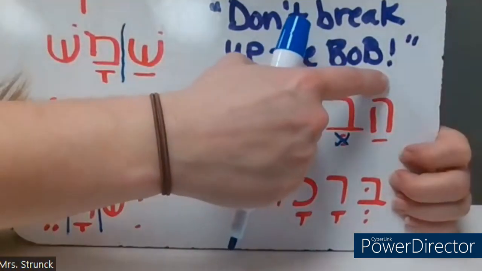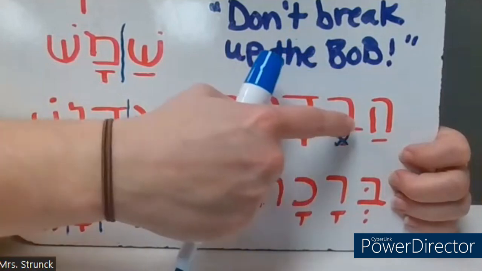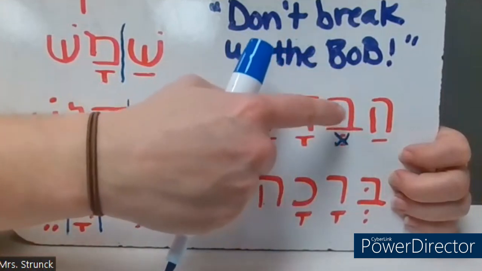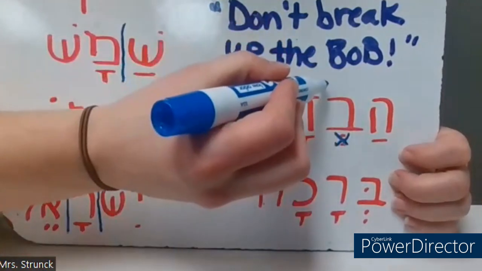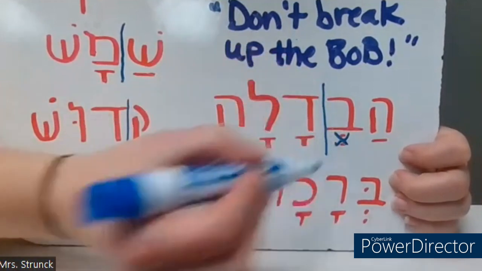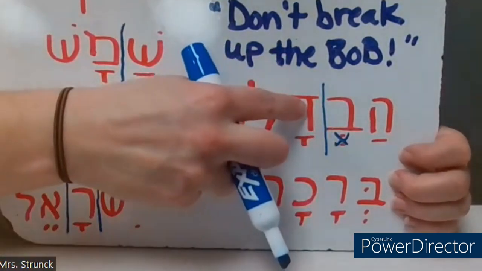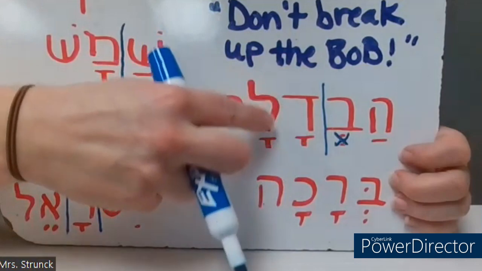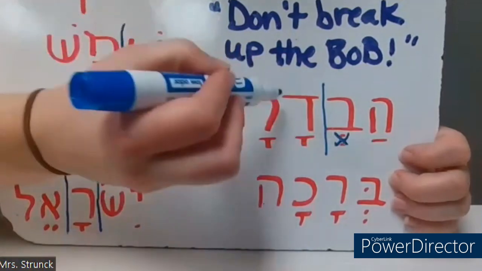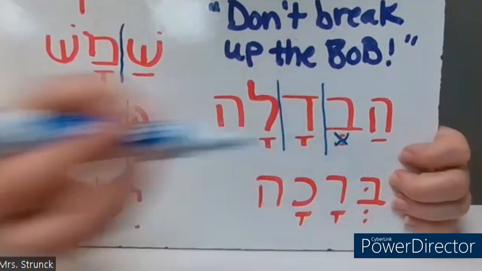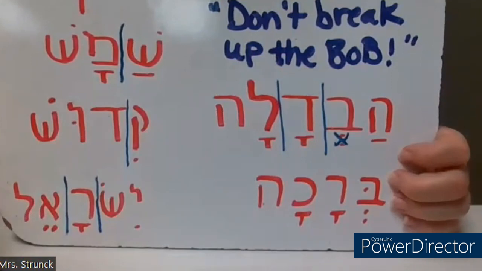So we have letter, vowel, letter. That's like Bob, right? Not going to break up the Bob, so I'll put my line after. Okay, then we have letter, vowel, letter, vowel. That's like mama, so I am going to draw a line in between.